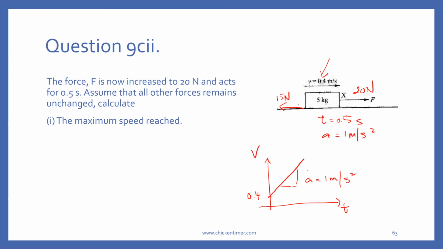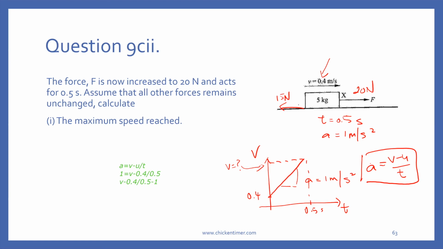This goes on for 0.5 seconds. Then they ask for the maximum speed. Again, remember your formula: a equals v minus u over t. I hope this helps. What's the answer? You're not completed yet, right? Minus 0.2.